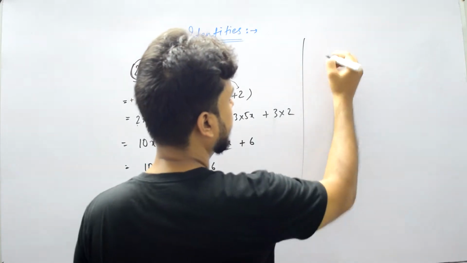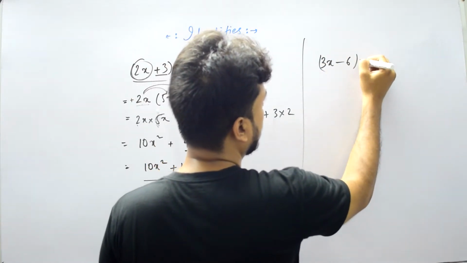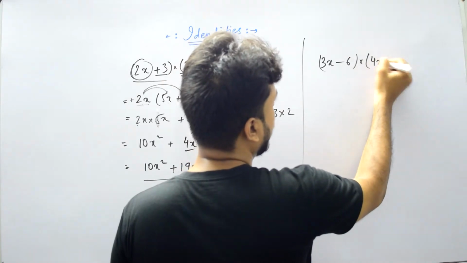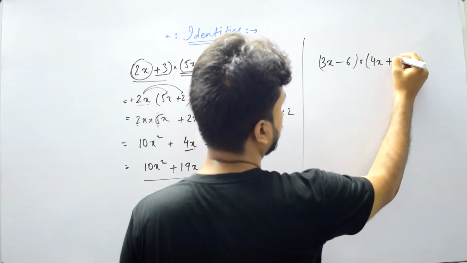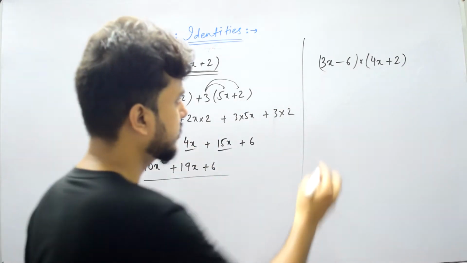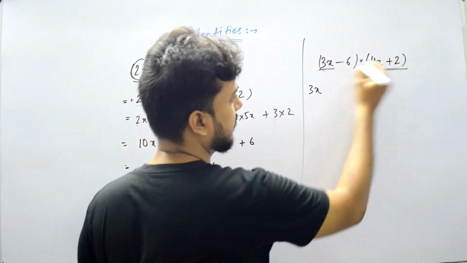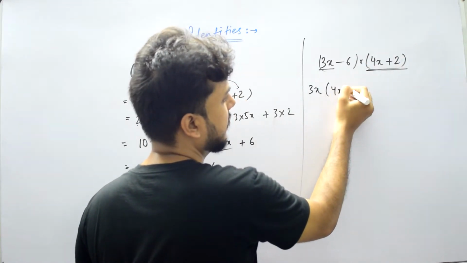Suppose we have a question like this: (3x minus 6) multiplied by (4x + 2). Again the same process. First we write 3x, and then the second term, 4x + 2.